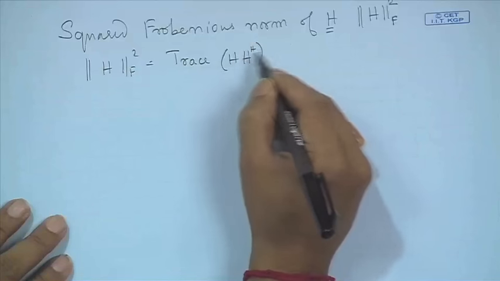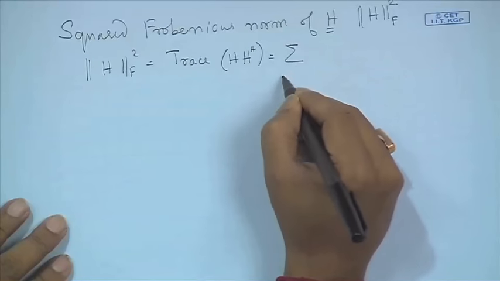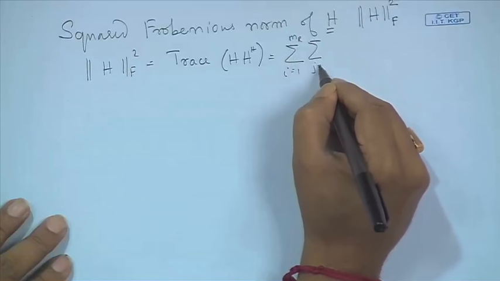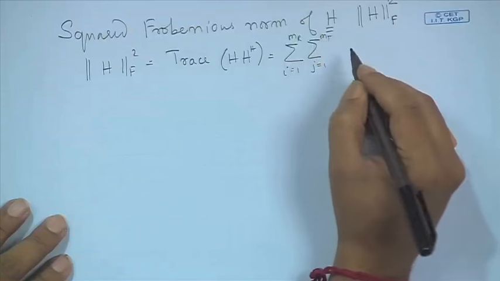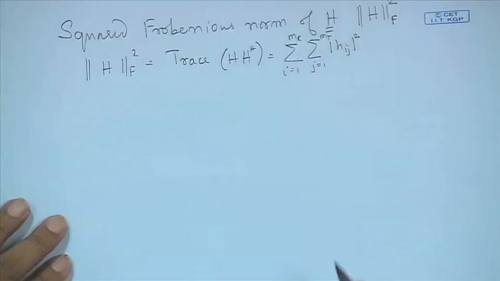Hermitian operation is the transpose with the complex conjugation, which is equal to the sum over i equals 1 to mr, j equals 1 to mt, of the magnitude of hij squared.